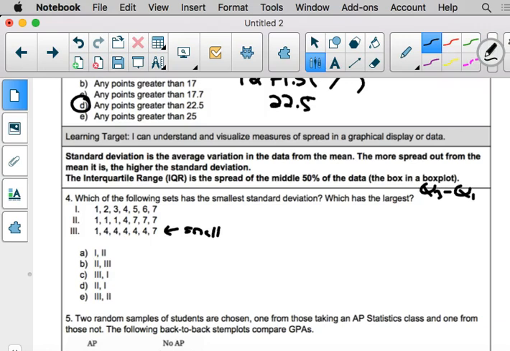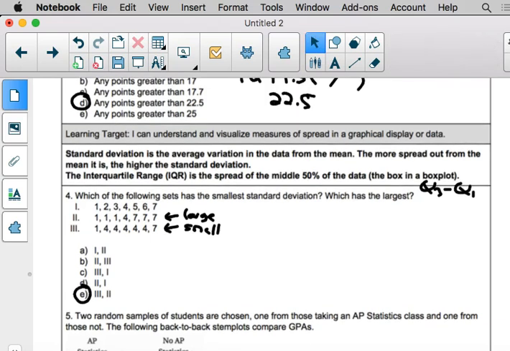A large standard deviation comes from having almost nothing near the middle and everything out at the extremes. So 3 is the smallest, 2 is going to be the largest there. Again, that's how you can talk about standard deviation and spread.